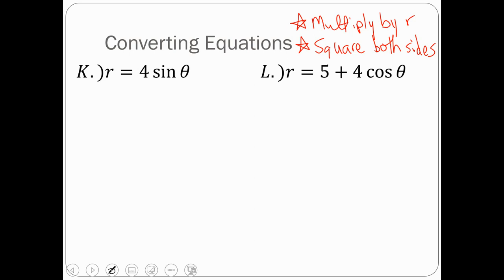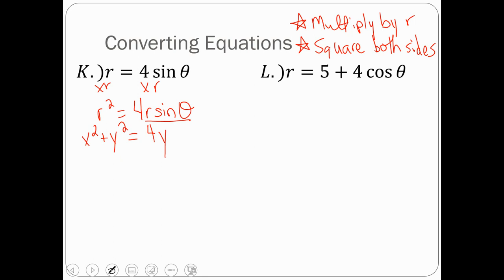However, if I multiply both sides by r, I get r squared equals 4r sine theta. So by multiplying both sides of the equation by r, I've fixed the left-hand side, so that could be x squared plus y squared. But I've also changed this so that could be 4, and then this part can be y. I've actually fixed both of the issues.